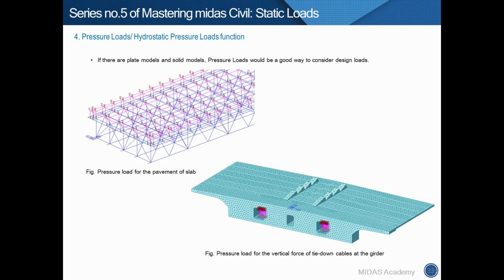And if you have solid elements, I think the pressure load type would be the better way to input the load on the solid element to avoid concentrated stress or load results.